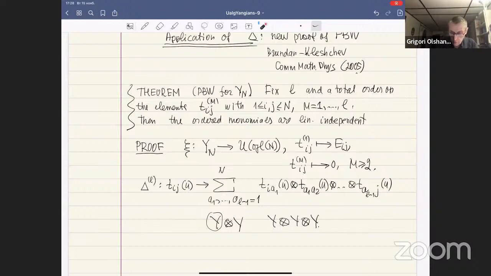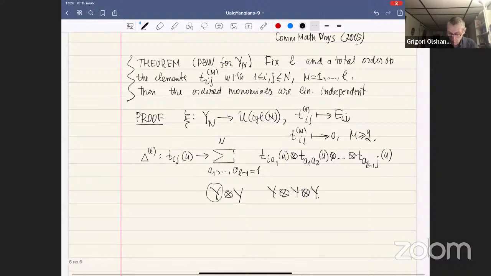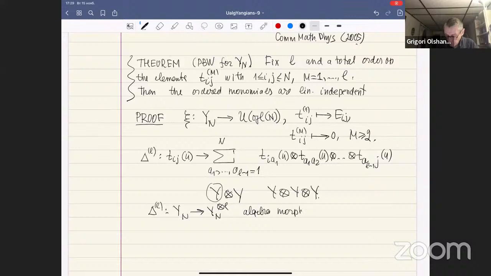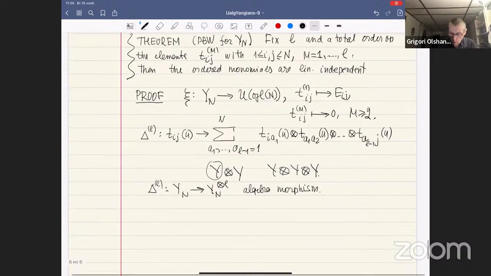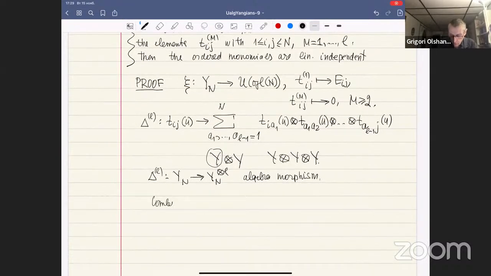So we say that this is an algebra morphism. And combine it with that, that is, we apply psi to each of the copies.